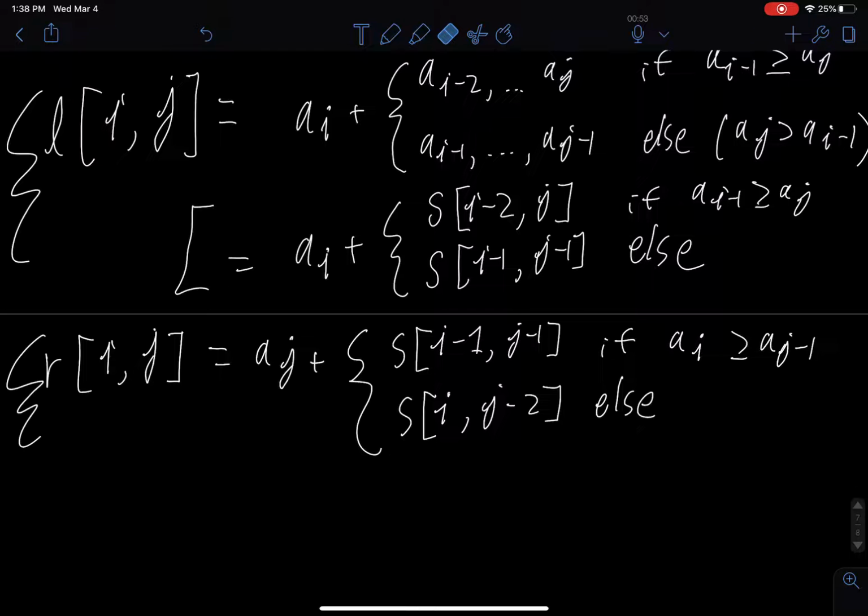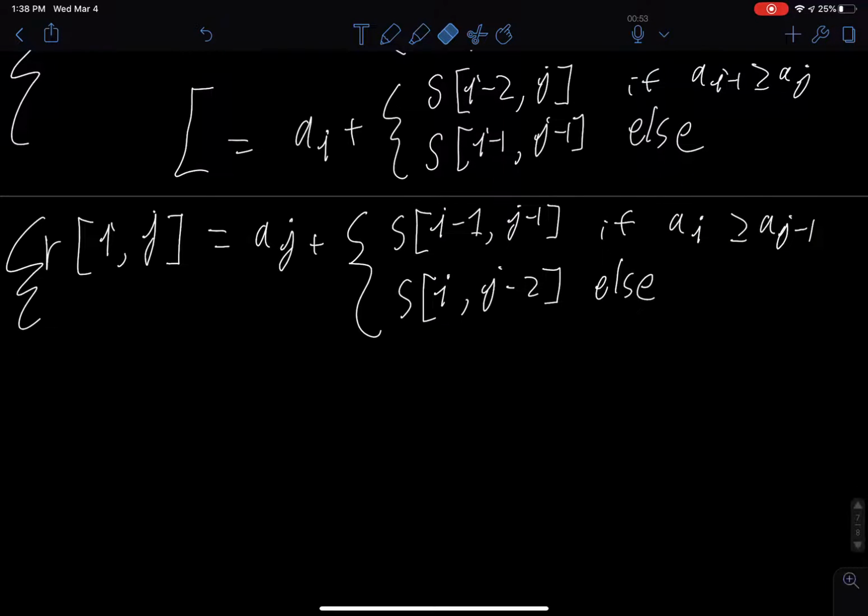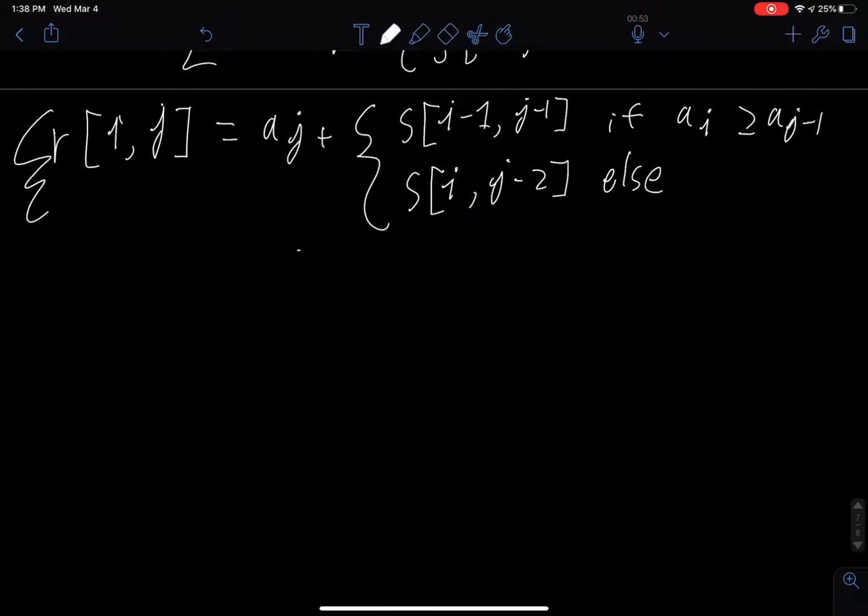We have to prove that there's actually a valid order to compute all of these S sub ij's in, such that when it comes time to compute S sub ij, we already have all the other information that we need in order to compute it. So let's make sure of that. What do we need in order to compute S sub ij?